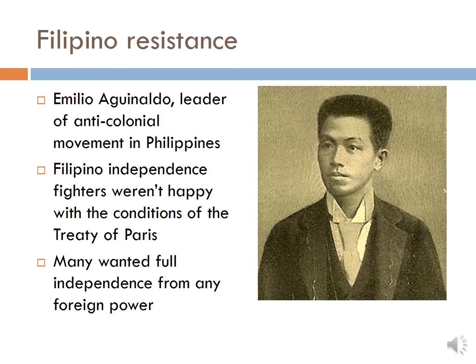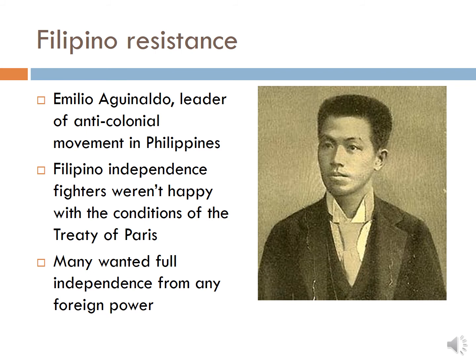This really upset the Filipino independence fighters, including Emiliano Aguinaldo, who you see pictured here. Emiliano Aguinaldo had been fighting for quite some time against the Spanish for Filipino independence, and he had supported, along with his fellow fighters, the Americans in the Spanish-American War.